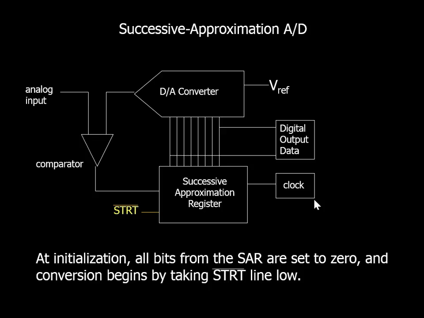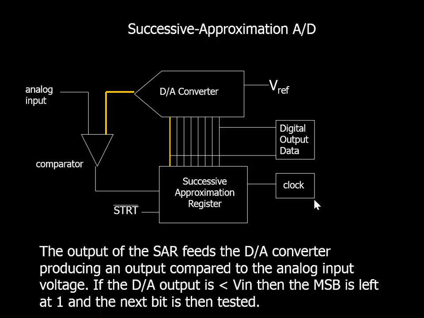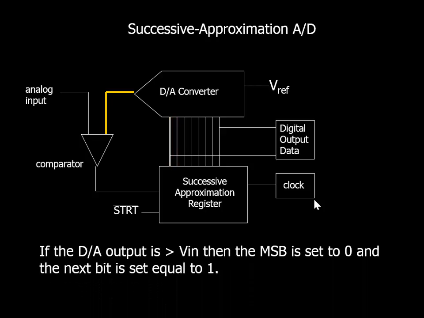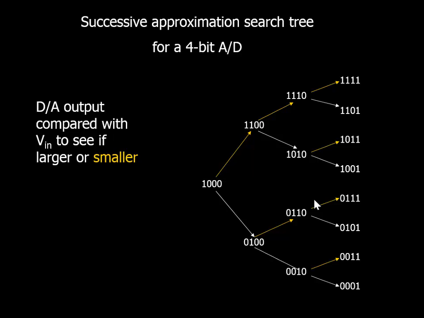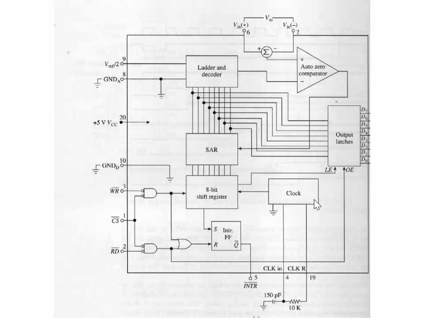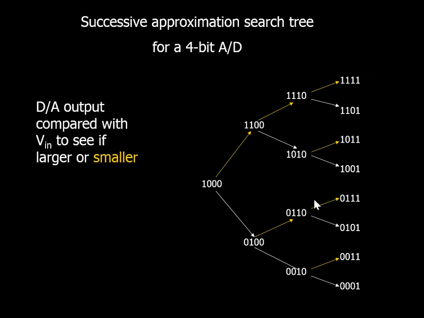Successive approximations, there again, we try to guess and we go up and down. It's kind of like a binary search if you do searches. So it goes through. We look at the first one, we decide is it higher or lower, and then we go to the next one.